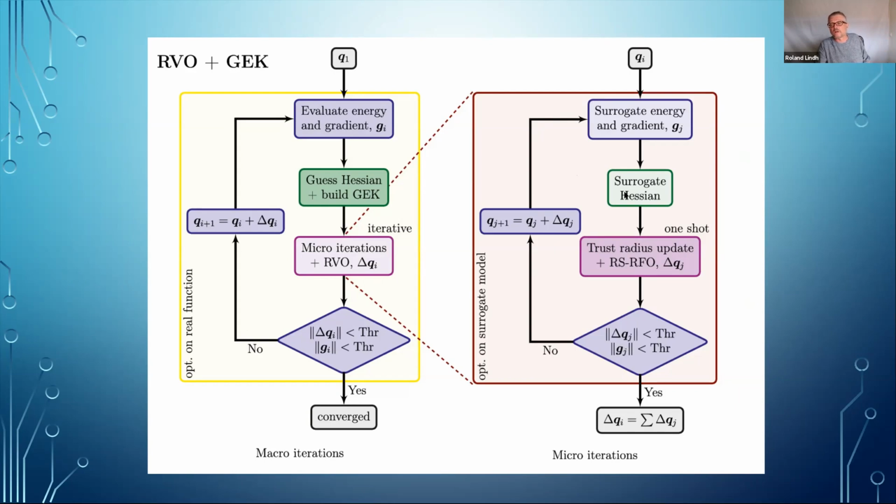The big difference is that in the old method we used the approximate Hessian. Here, we use the surrogate Hessian, and that's actually an analytical entity, which is trivial to compute. We micro-iterate here. Once we have converged on the surrogate surface, we go back and compute a new data point on the real surface at that particular point.